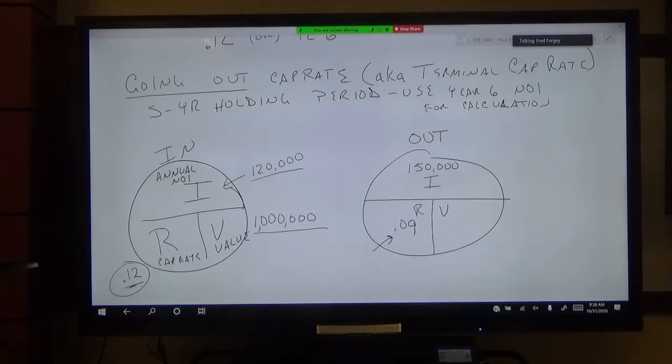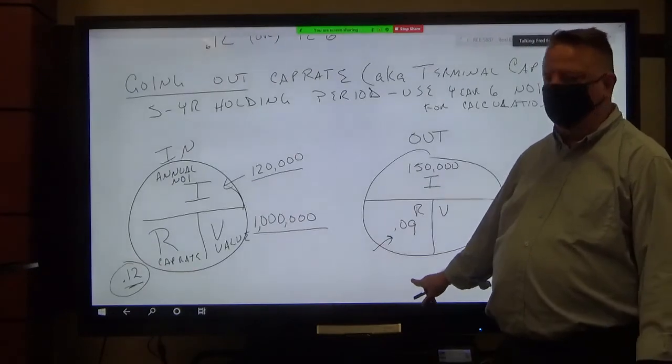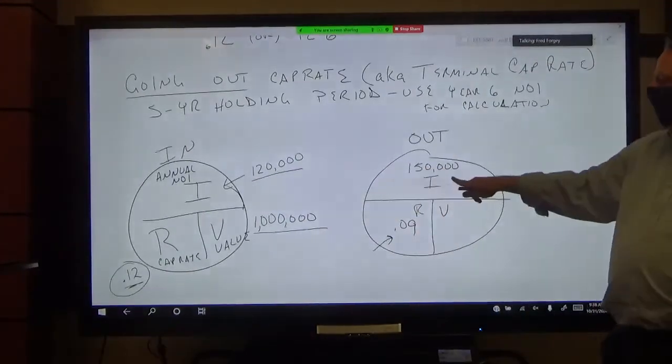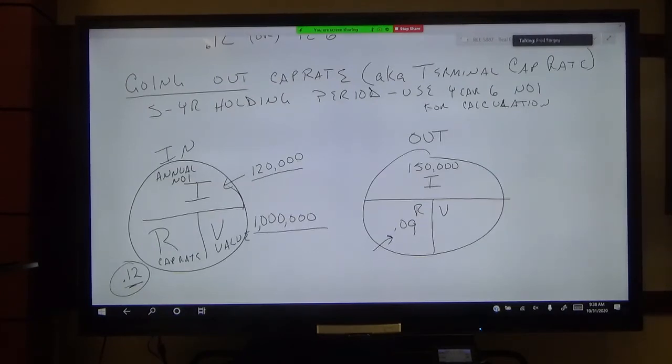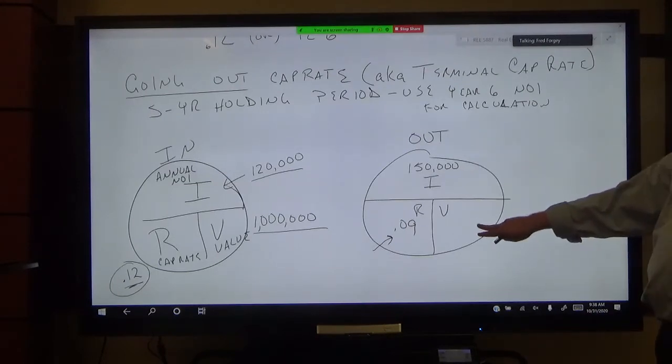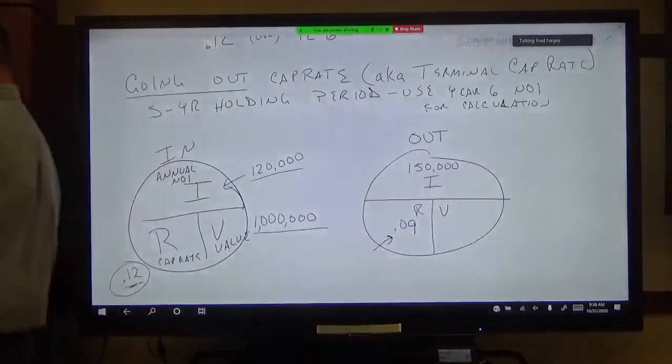All of those are wonderful, okay? And let's not overlook, in addition to lowering the cap rate, we are also increasing the income, meaning we're getting higher rents for the property. So we have a super double whammy, awesome, terrific, marvelous thing that is going to positively influence the value of the property going out.